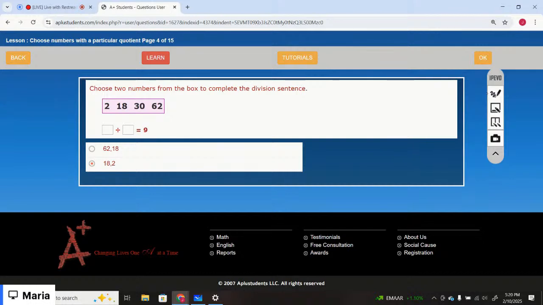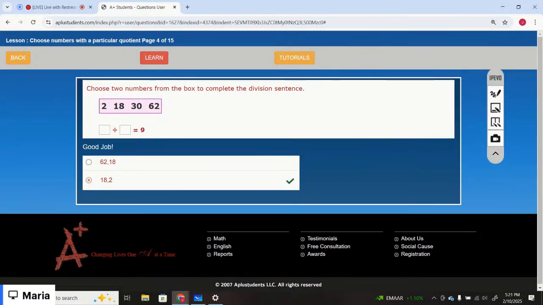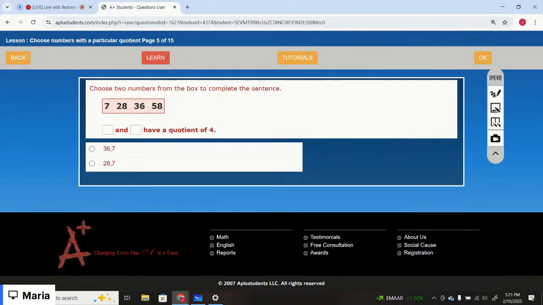Very good, that is 18 and 2 because 2 times 9 is 18. Option number 2 is the correct option.